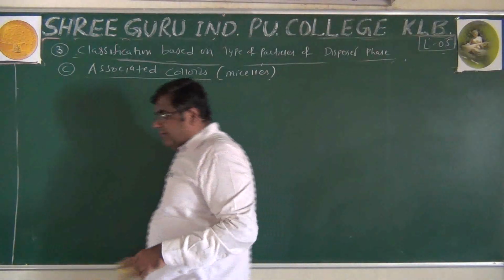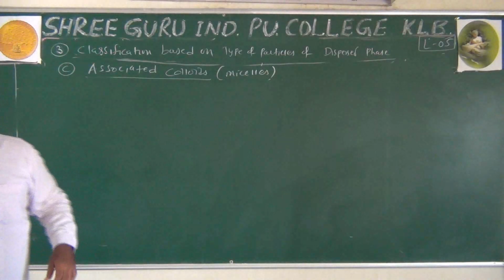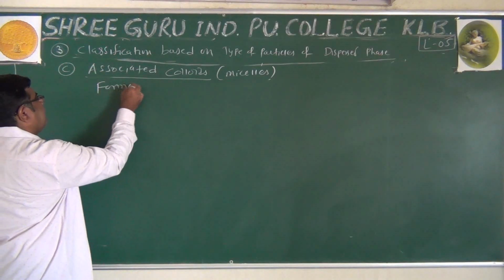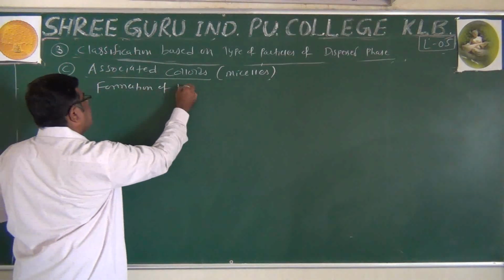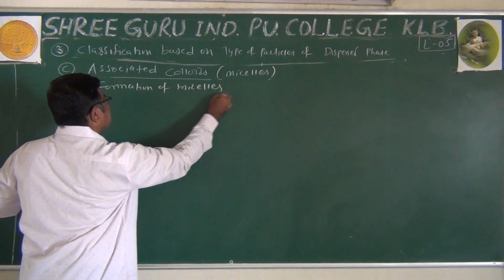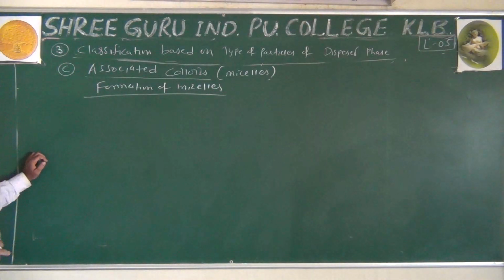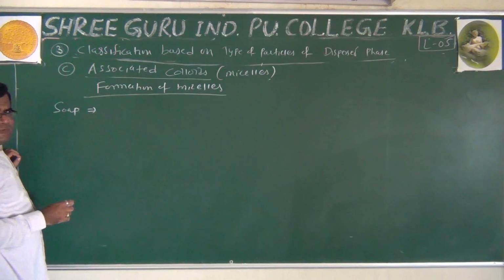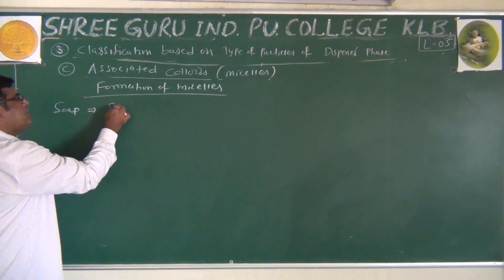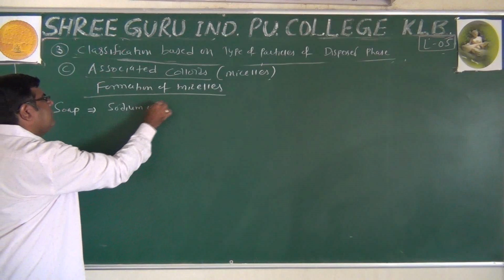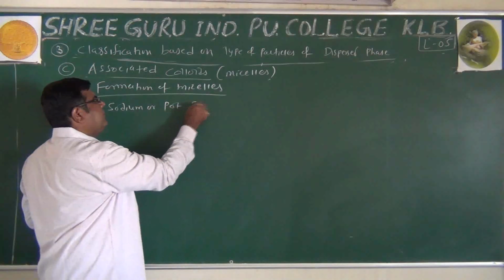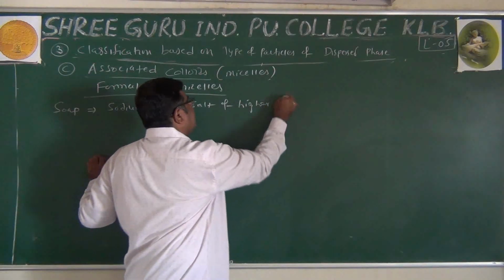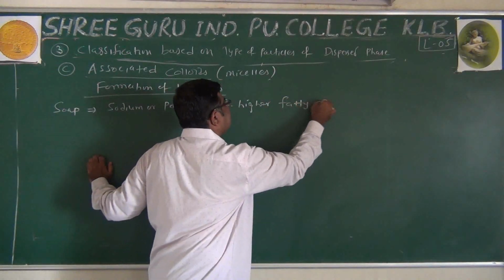Now, how does the formation of these associated colloids take place? Consider the soap. What is the soap? It is the sodium or potassium salt of higher fatty acids.